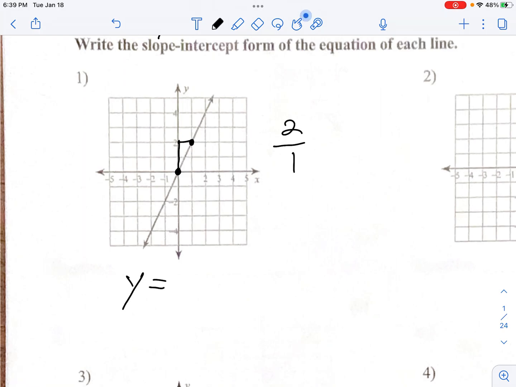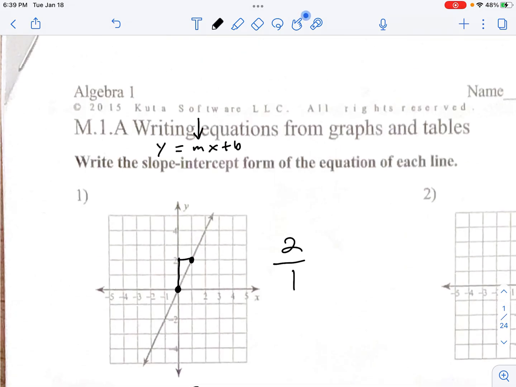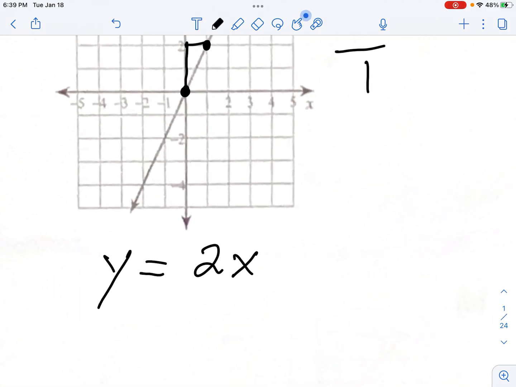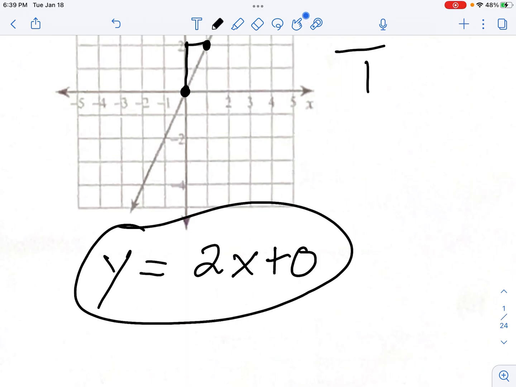So y equals 2x, because the slope goes here, and the y-intercept goes in place of the b. So what's my y-intercept? Well, it's 0. You don't technically have to put the y-intercept if it's 0, but most people do, okay? And then that would be your answer.